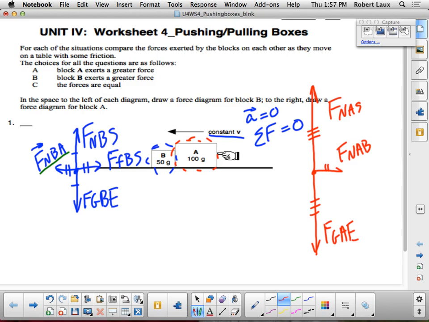Now, A is moving to the left. What other forces have to be acting on it? Force of push on A by the hand. Which way would that be going, Michael? To the left. Is anything else pushing on A to the right? Friction. Bigger, smaller, or the same as the friction on B?